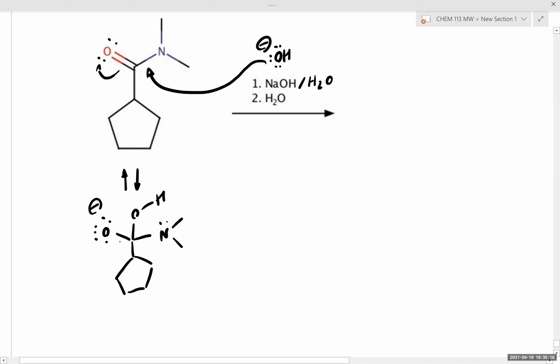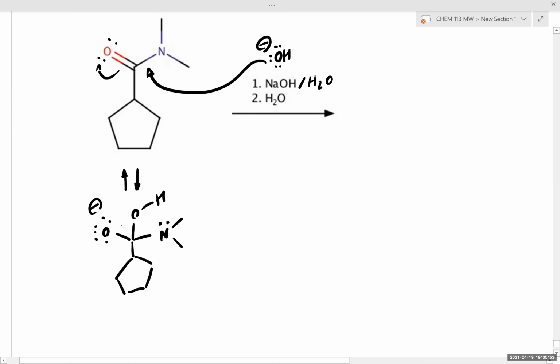Okay, so how do we tilt the odds in our favor? How do we prep our amine as a leaving group? Or you can also say, how do we make hydroxide a worse leaving group?